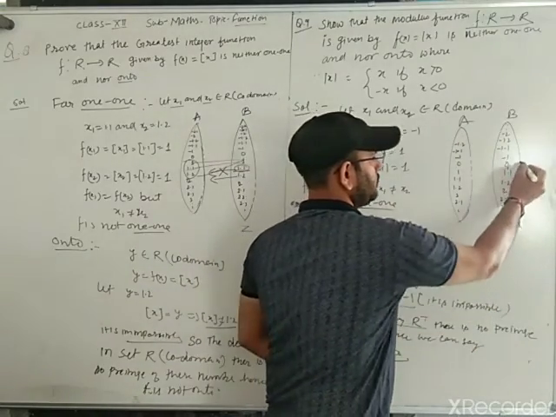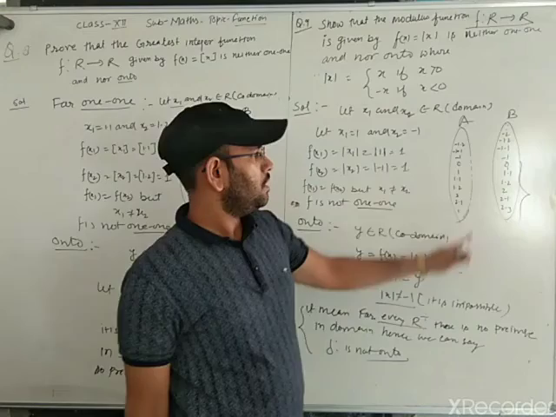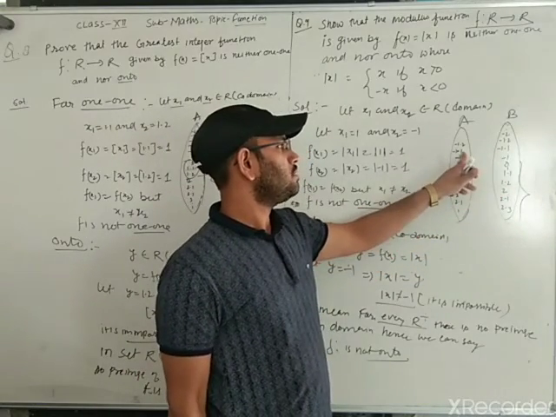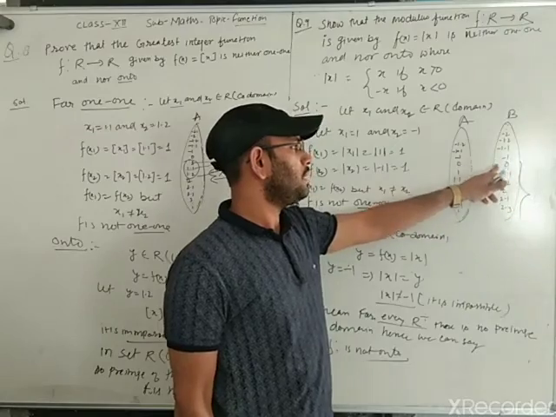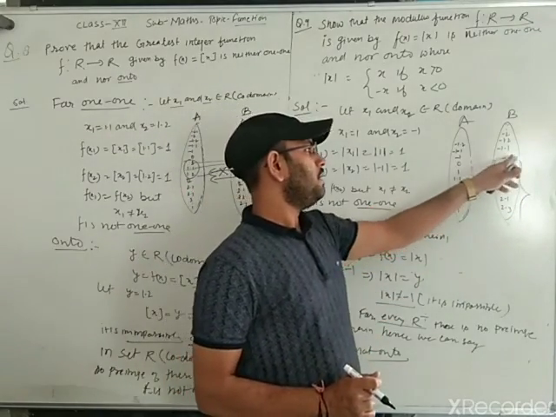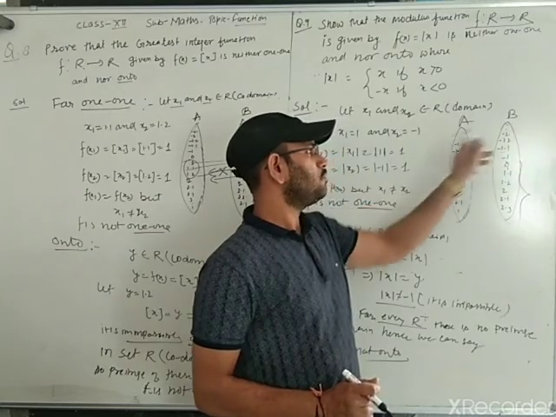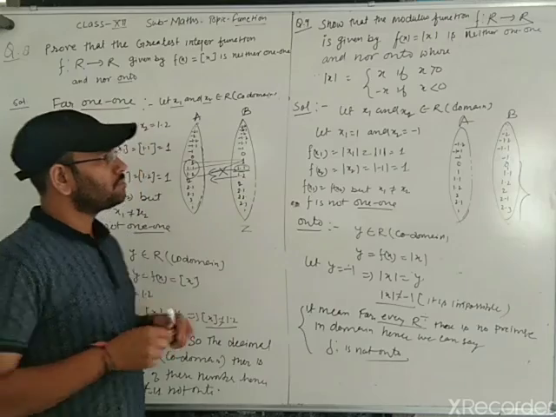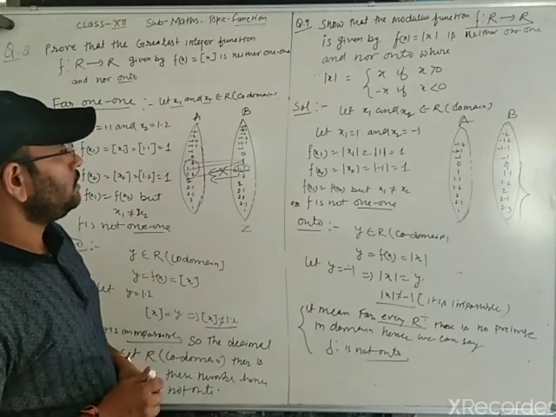The others all have some pre-image. Putting in minus 1, you get 1; minus 1.1, you get 1.1. So you get positive real numbers, but for negative real numbers there is no pre-image. It means f is not onto. Clear? So this is the end for today. Thank you.